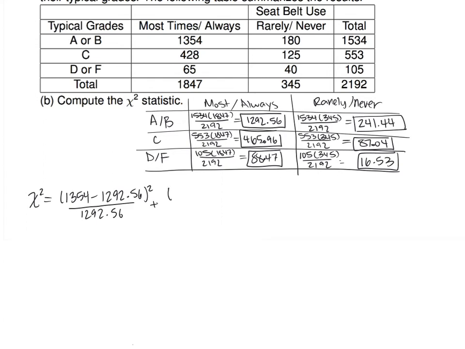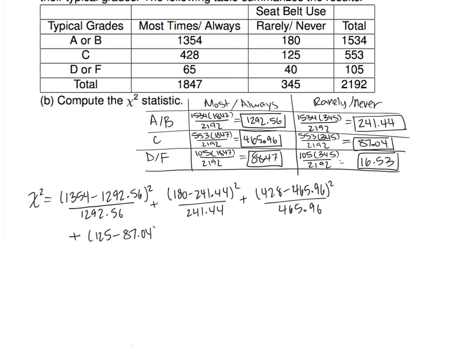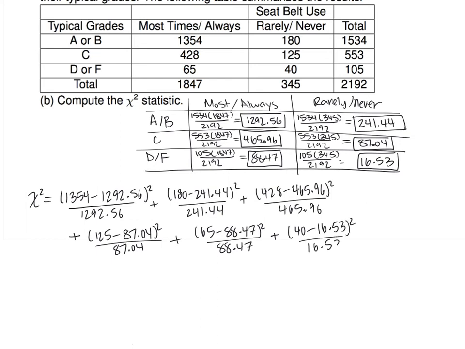Next, let's go across the column. 180 minus 241.44 squared over 241.44, plus 428 minus 465.96 squared over 465.96, plus 125 minus 87.04 squared over 87.04, plus 65 minus 88.47 squared over 88.47, and then plus 40 minus 16.53 squared over 16.53.